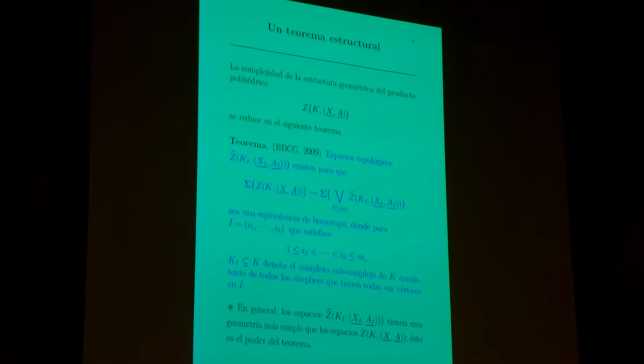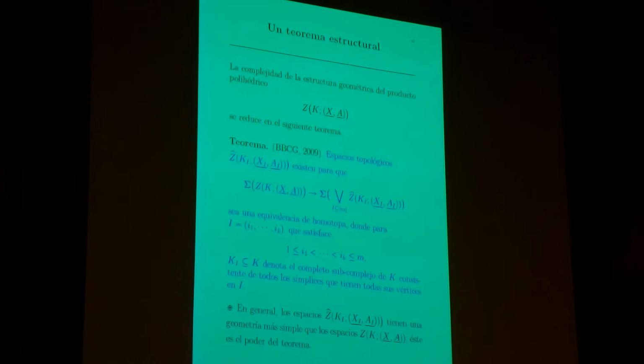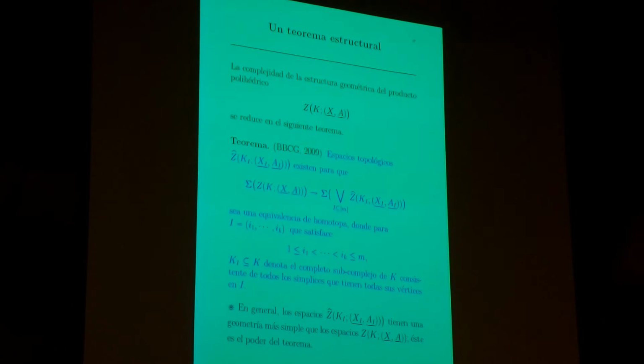It is a very complicated space, and in one of our joint papers, we show that the polyhedral product, Z K (X, A), it breaks into very simple pieces, pieces which we can identify. So complicated breaks into simple pieces, simpler pieces. This is very important. So the left-hand side, it is difficult, and the right-hand side, it is easier.